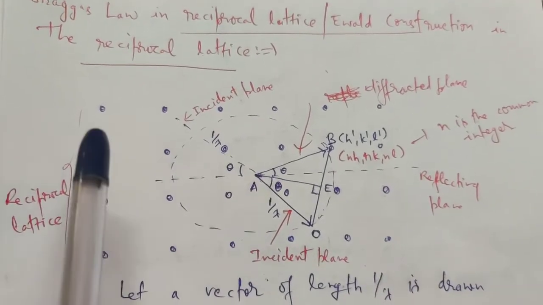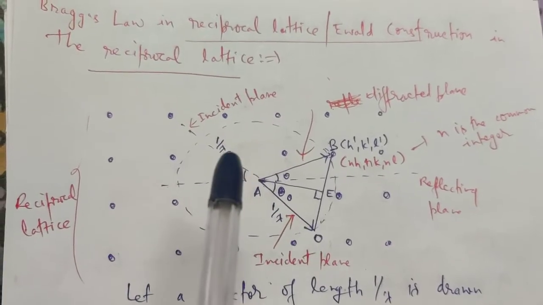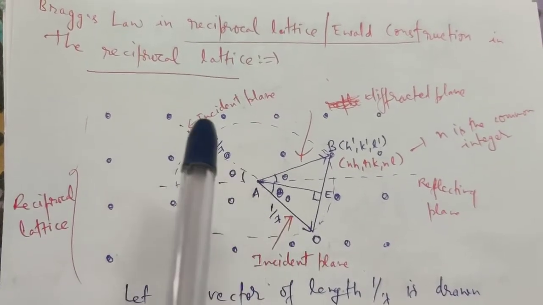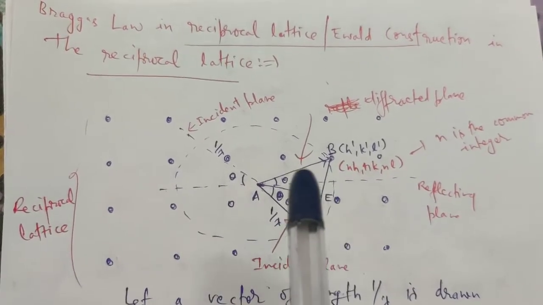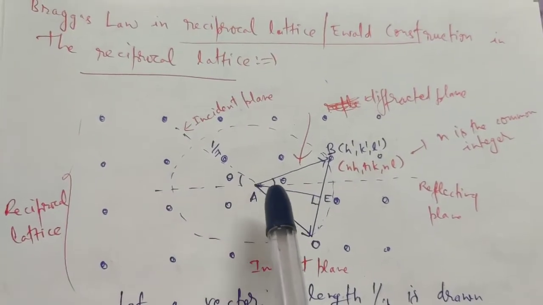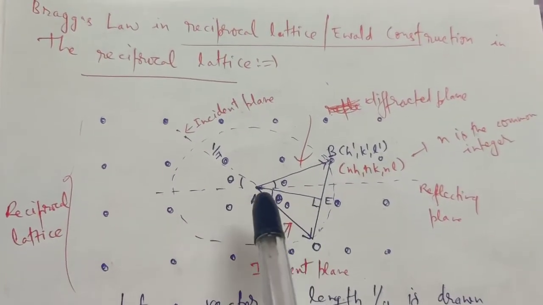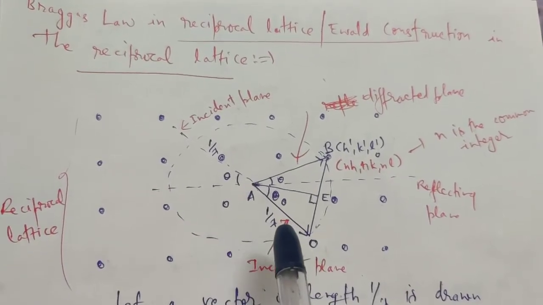Suppose X-ray is incident like this, in this direction. This line represents the incident plane, because each line in this reciprocal lattice represents a plane. Let us consider this vector AO having length 1 by lambda.